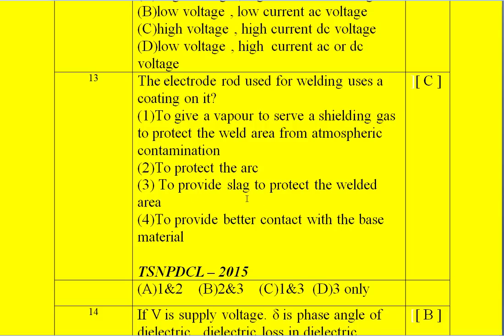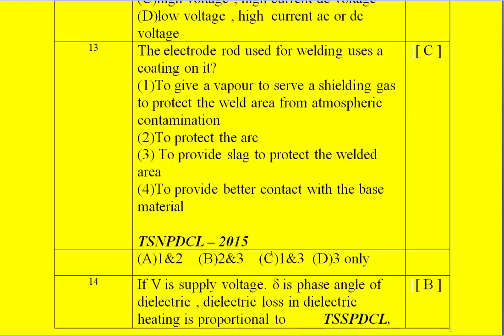Third is to provide slag to protect the welded area. Fourth is to provide better contact with the base material. This was given in 2015 TS NPDCL, and the answers given are: A is 1 and 2, which is not correct.